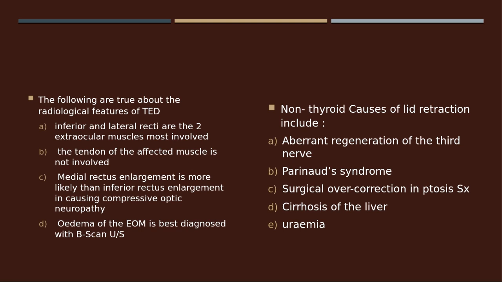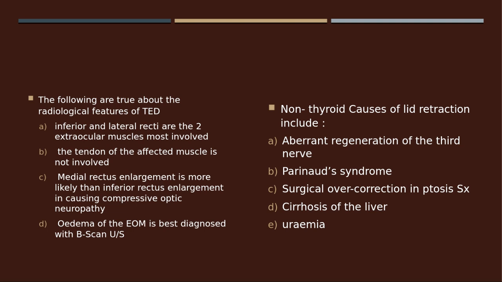Okay, so I was asking you about other causes of lid retraction. A quick question: non-thyroid causes of lid retraction include aberrant degeneration of the third nerve. Is that true? True.